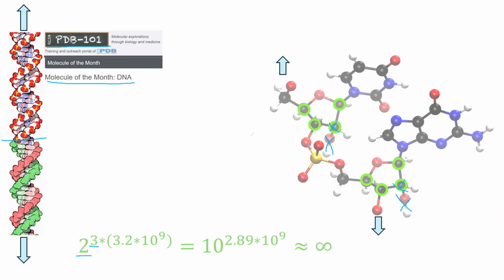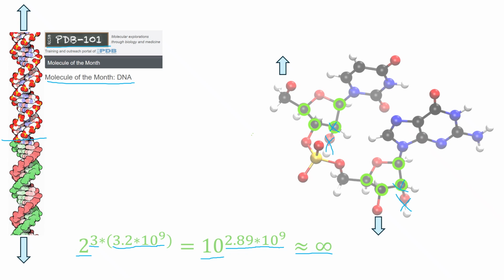Considering this for one strand of the DNA, which is 3.2 billion nucleotides, it is about 10 raised to 2.89 billion. This is a very large number. We could approximate it with infinity for this discussion at least.